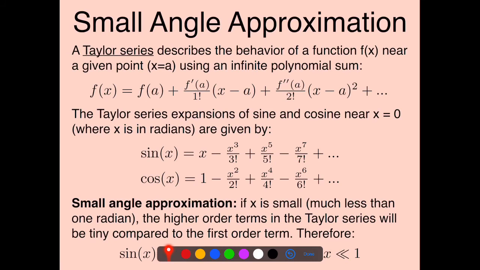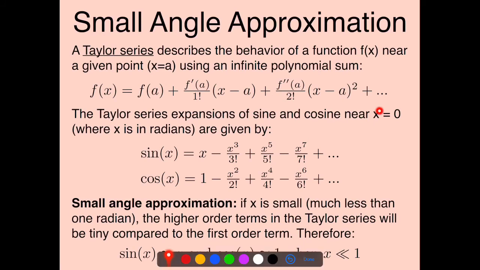And that pattern keeps repeating. That's how we expand the sine function using a Taylor series. For the cosine function, it looks like this. We have 1 minus x squared over 2 factorial plus x to the 4th over 4 factorial minus x to the 6th over 6 factorial, and so on. That pattern keeps repeating. This is the Taylor series for cosine x, again, near x equals 0.